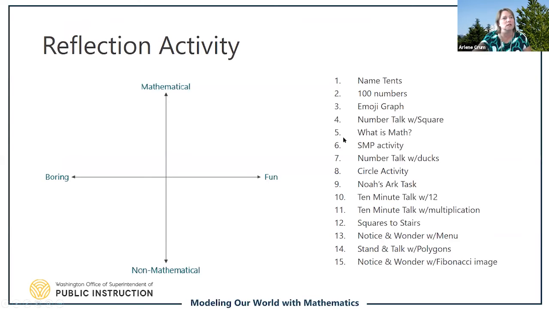And then a reflection activity. And this reflection activity probably looks very similar to what you saw before in the emoji activity, but this time you provide a list of all the different activities that you did in the getting started, and you invite students to put them on the axes according to how they feel about how interesting they were, boring to fun, or how mathematical and non-mathematical they are.